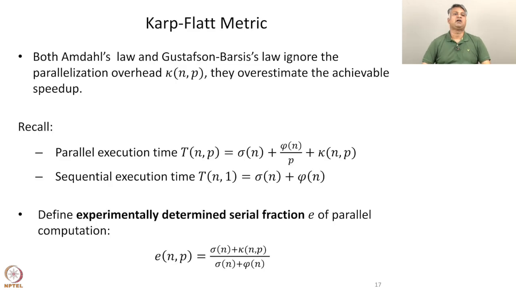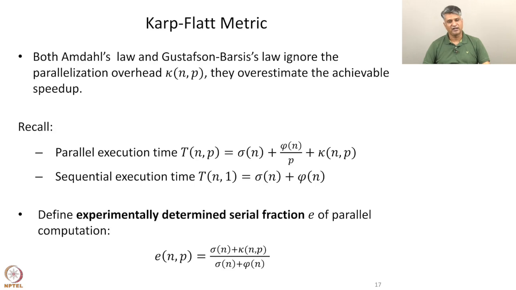Lastly, both Amdahl's law and Gustafson-Barsis law ignore what is called the parallelization overhead kappa NP. Hence, they are overestimating the achievable speed up. You have to recall that the parallel execution time T of np is sigma of n plus psi of n divided by p plus kappa of np. The sequential execution time T of n comma 1 is sigma n plus psi of n.